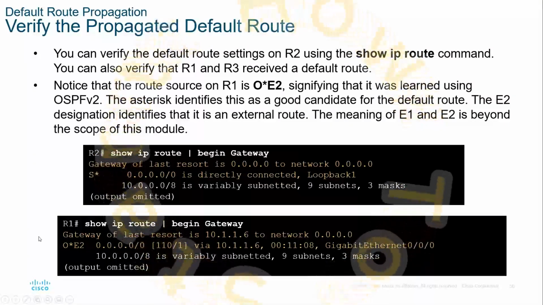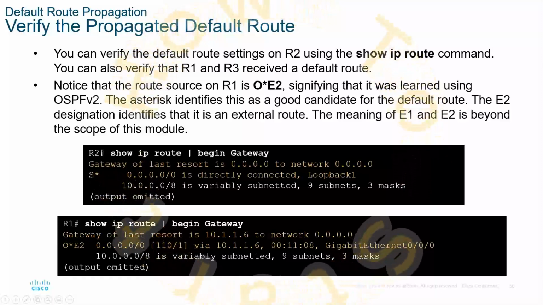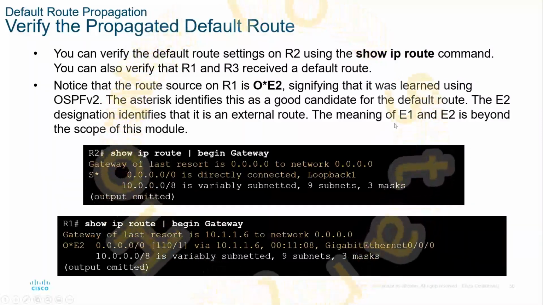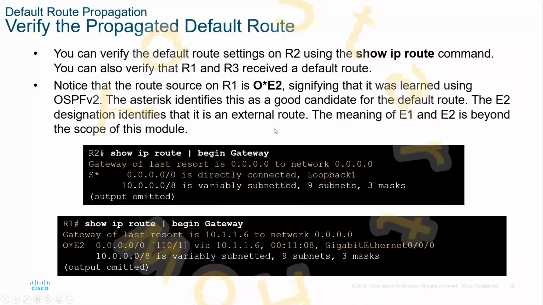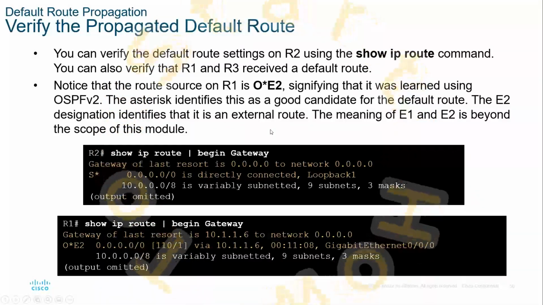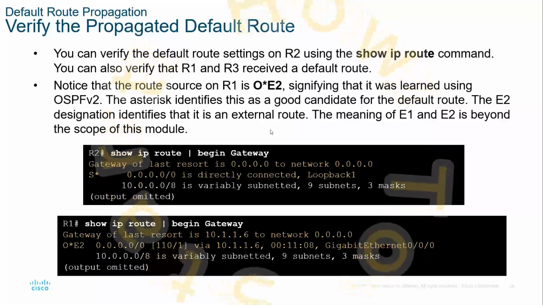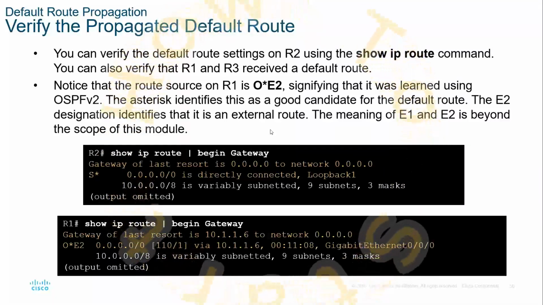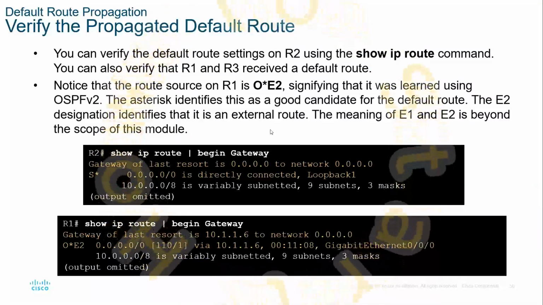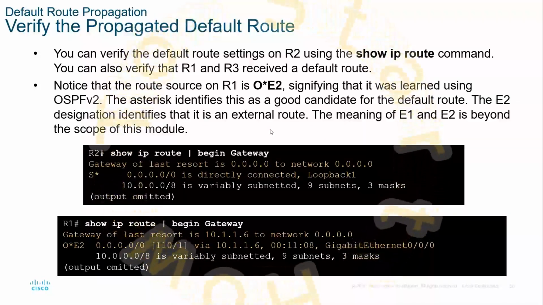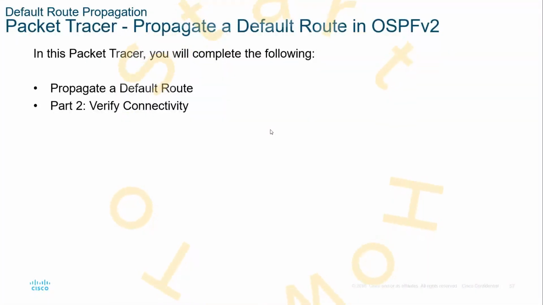And this is sent to router 2. E1 and E2 is beyond the scope of this module because again this is a higher level routing concept, but for our understanding it's basically stating send to router 2 because router 2 is propagating that default route. We do have a lab covering default route propagation.